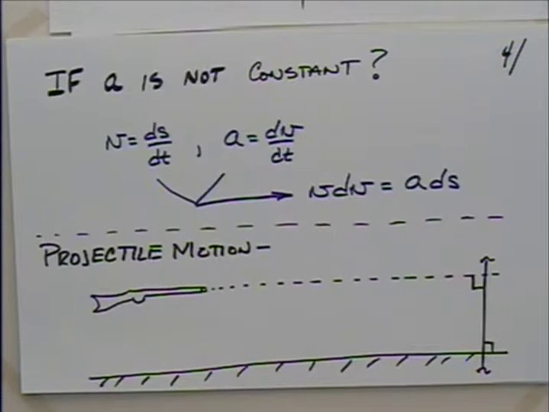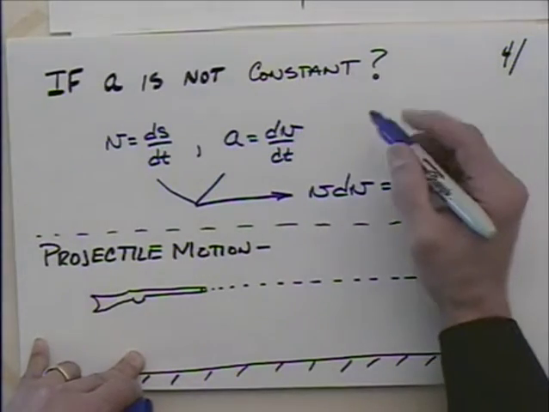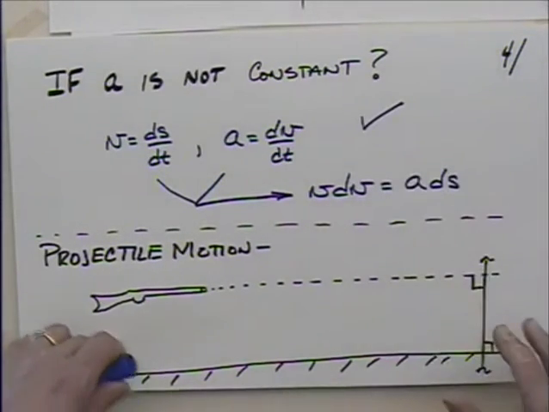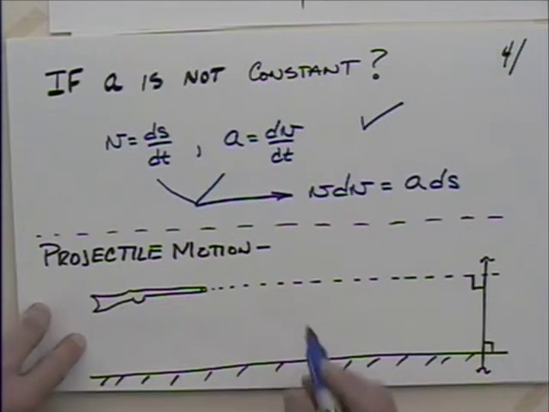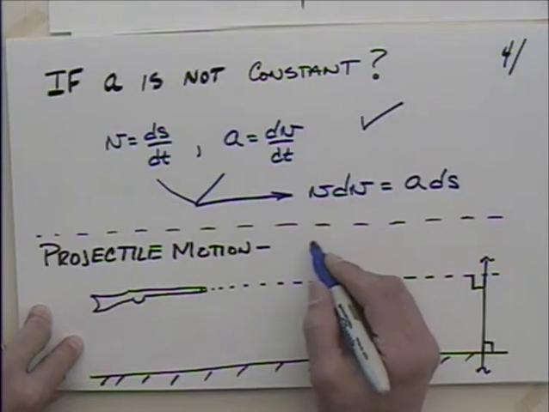So when we get together in the next lecture, we're going to talk about some problems like this where A is not a constant and go through those. And then we'll come back and we'll get to use our kinematics equations where A is a constant. And one place where A is a constant is oftentimes in projectile motion.